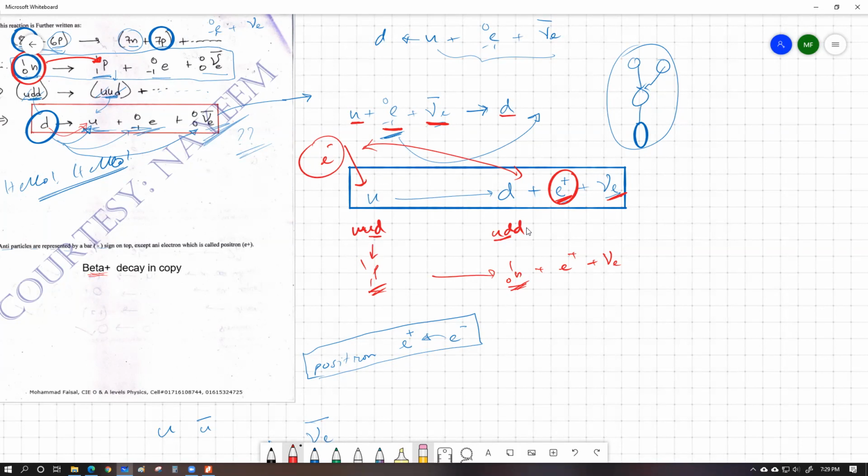Protons have a tendency to split out from within the nucleus. They have a tendency because all the protons are positively charged and they are packed within a very small containment within the diameter of the nucleus. So because all protons are positively charged, they have a tendency to repel each other and break free. They don't do that, but they have a tendency. The reason they cannot do that is because of the effect of the nuclear force.